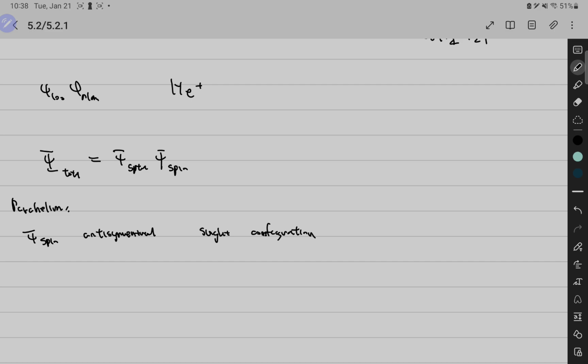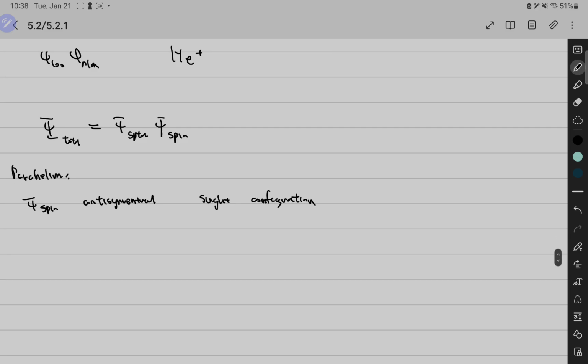So in this case, if our spin part of the total wave function is anti-symmetrical, is our spatial part symmetrical or anti-symmetrical? Our spatial part is going to be symmetrical, because it has to be the opposite of what your spin is in order for the total wave function to be anti-symmetrical.